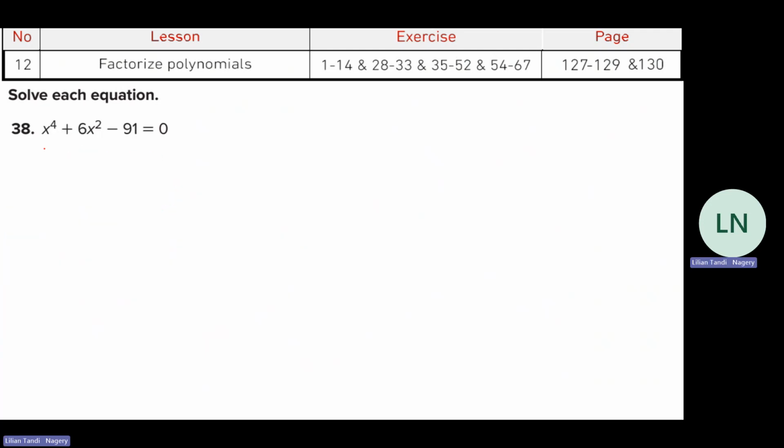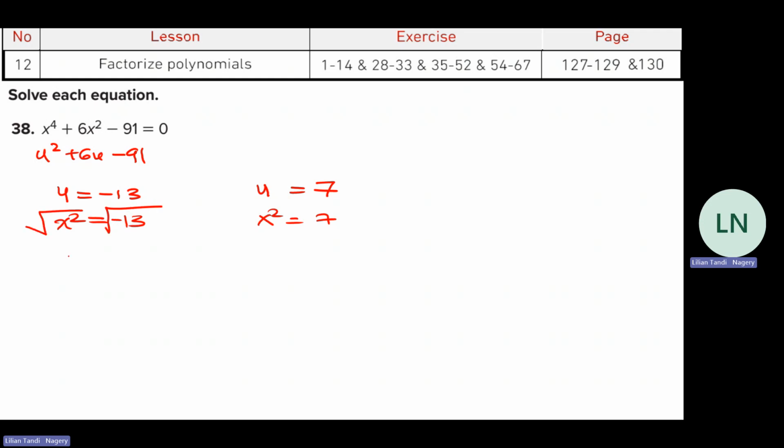Same process. This is u squared plus 6u minus 91. Put it in the calculator, put it in the jadwal. You should get 2 u's. Your first u is -13. Your second u should be 7. You write x squared equals -13 and x squared equals 7.